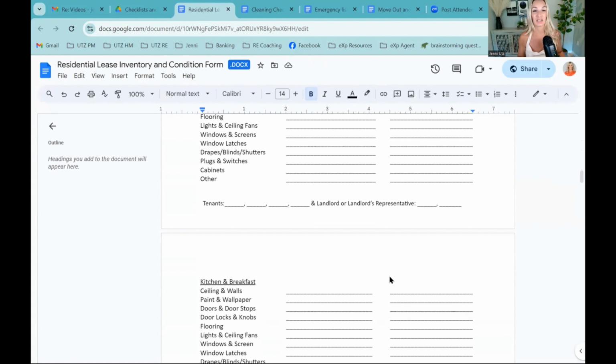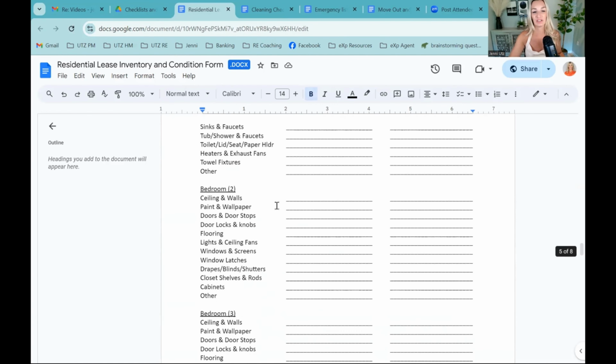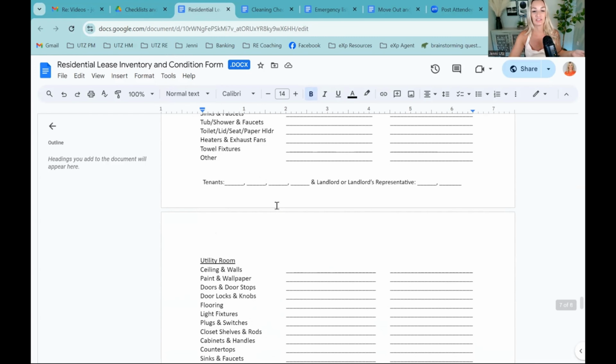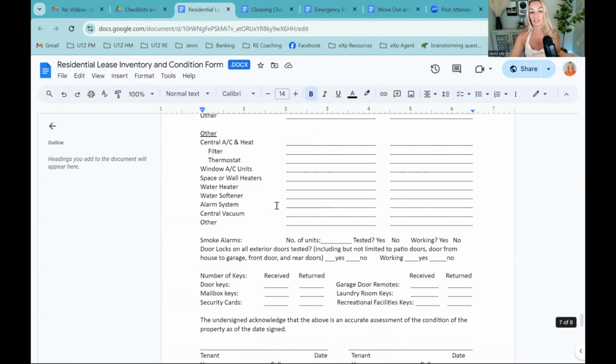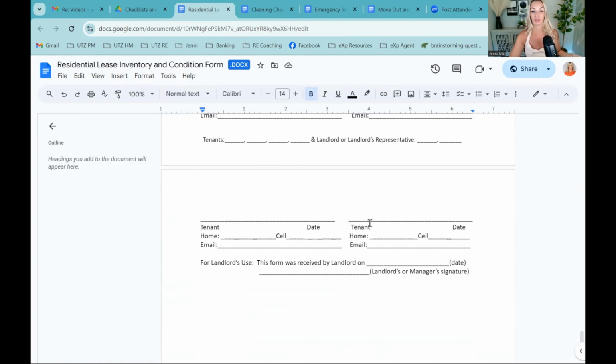property to see if there's any repairs that need to be done that are still considered prior to them moving in. Other than that, they would be considered if there were any damage done to the property, damage done by that tenant. And then make sure with almost everything that you're doing, at the bottom of this, as you can see, we've got tenants' initials, landlord's initials, and at the very bottom, signatures from everyone.